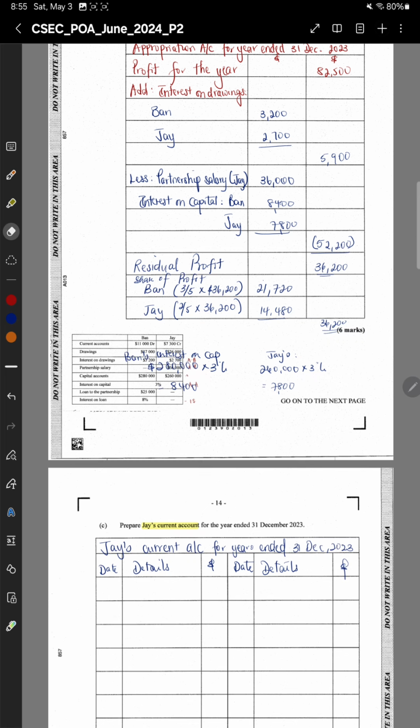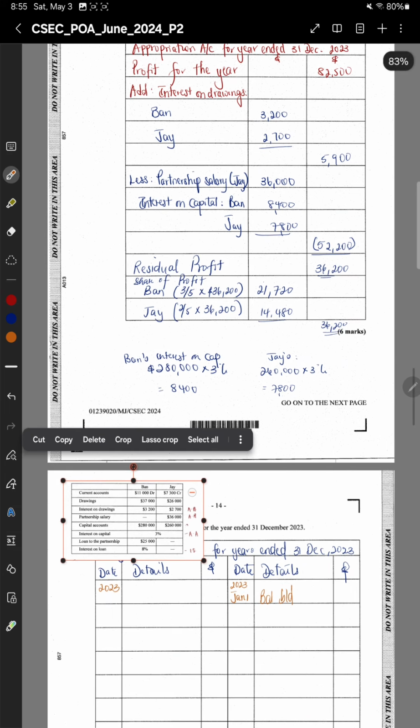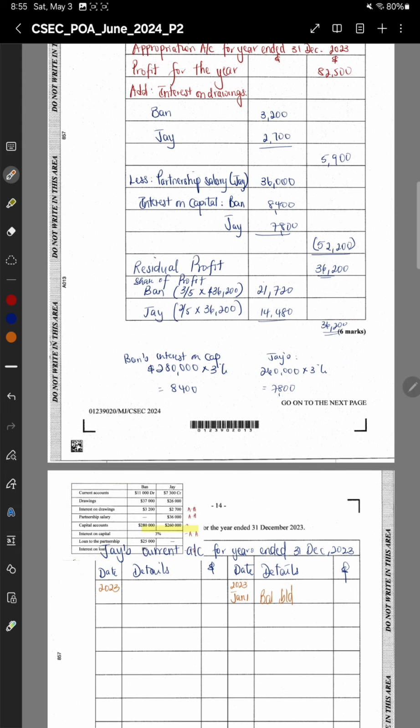The first one, the balance brought down, will be on the first day of the year. So it's going to be 2023, but 1st of January. January 1st, balance brought down. The balance brought down for J is on the credit side and it's $7,300.